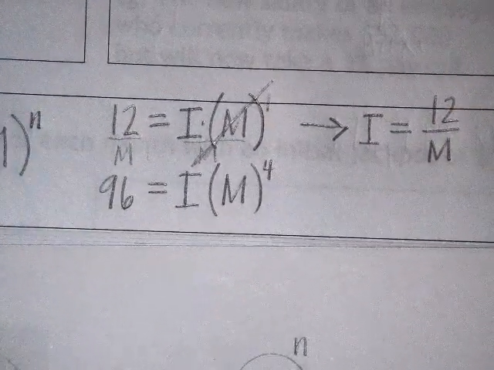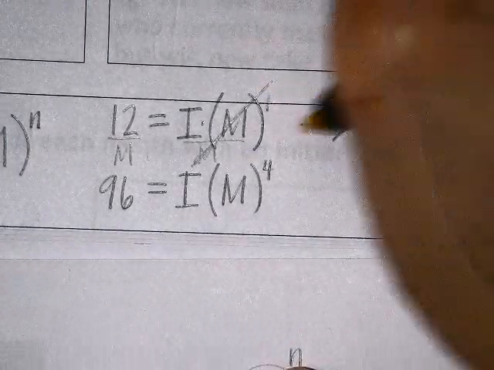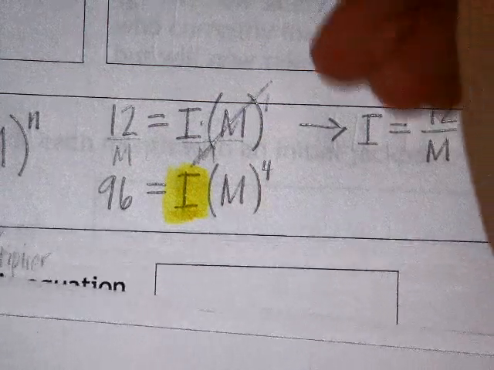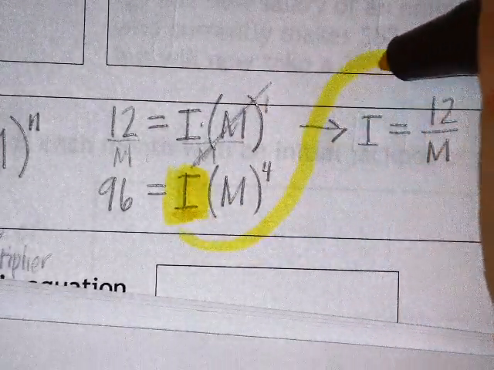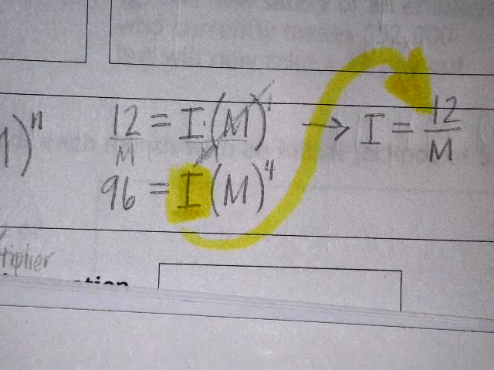I'm not supposed to be able to solve that. Instead, what I want to do is this. I want to take this I that I just solved for, and I want to substitute it into this little yellow part that I highlighted. Can you see where this is kind of going?